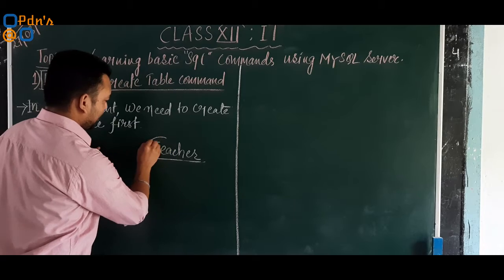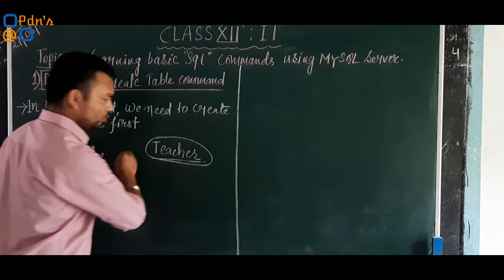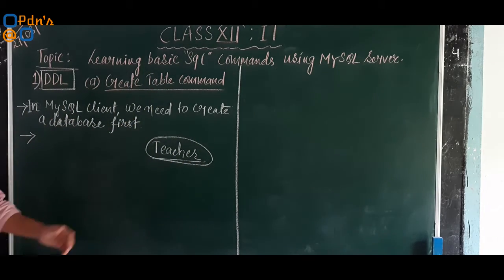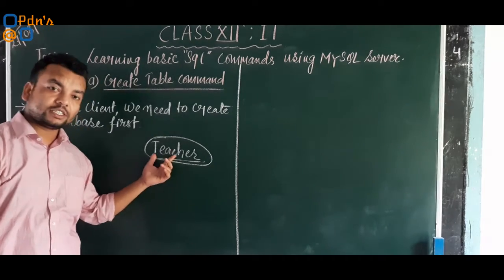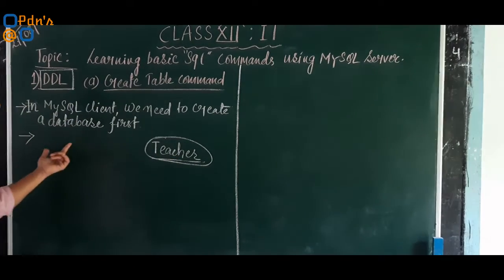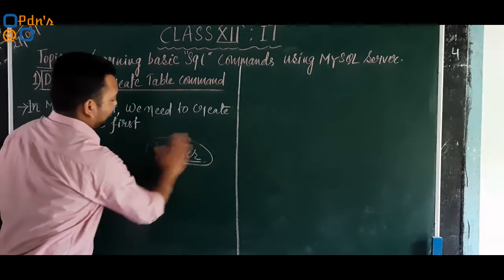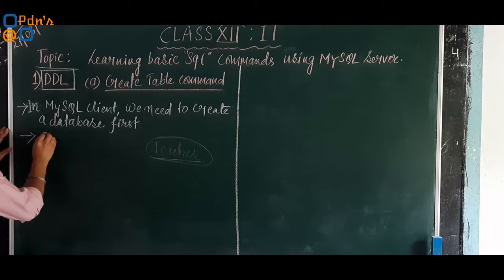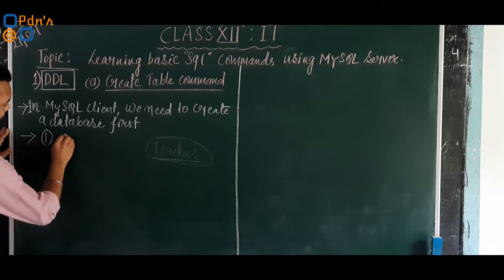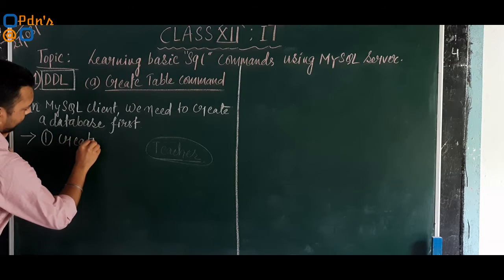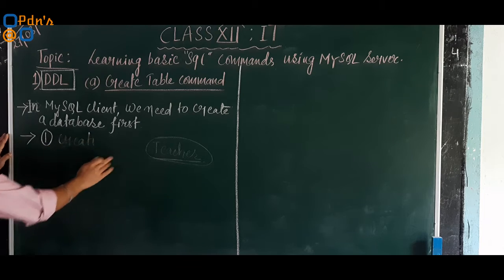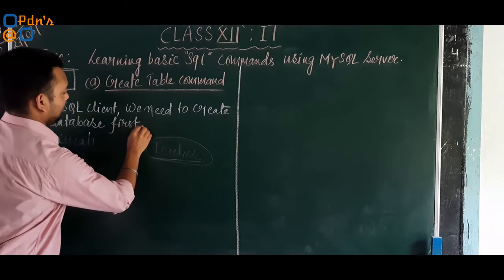Now teacher can be inside a school's database, correct? So what would be the name of that database in which we are going to insert the teacher relation? That is school. So the first step is creating a database. We need to create the database first.